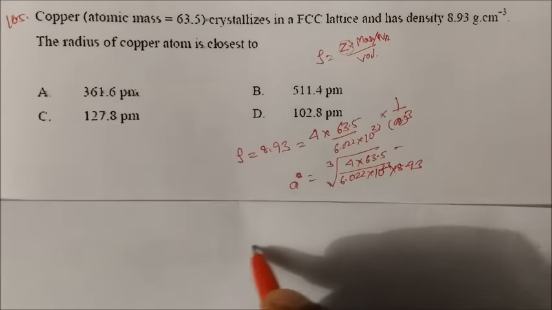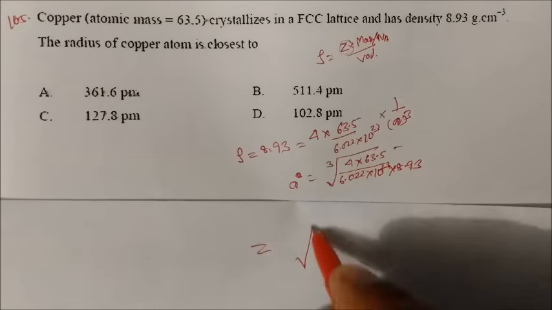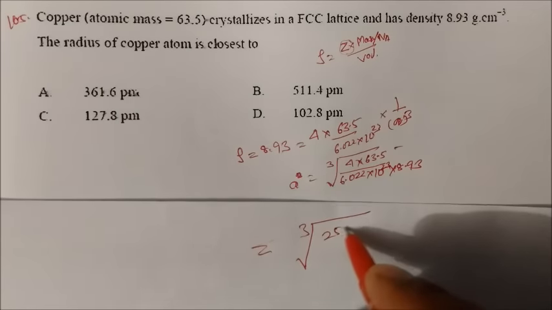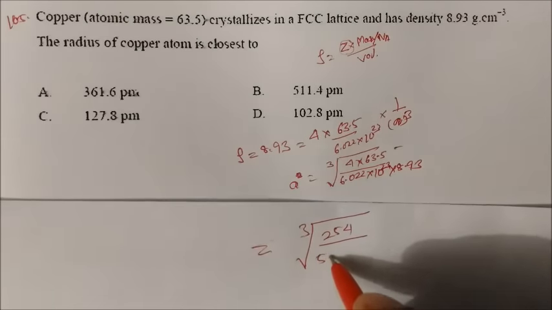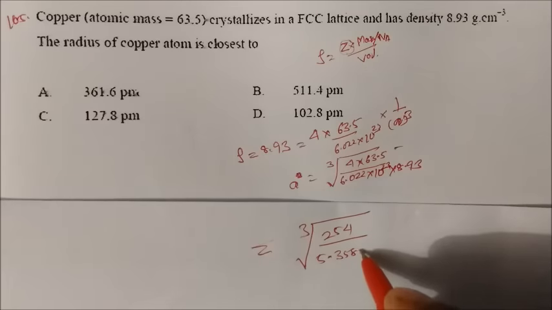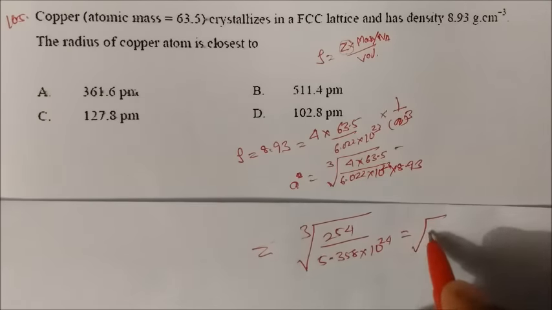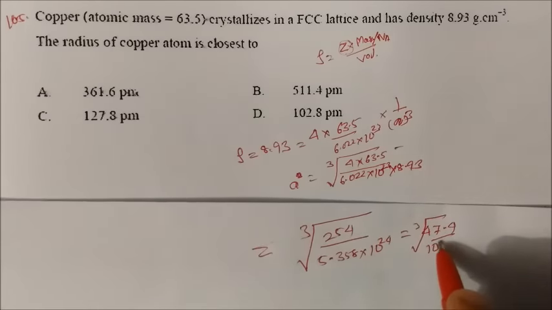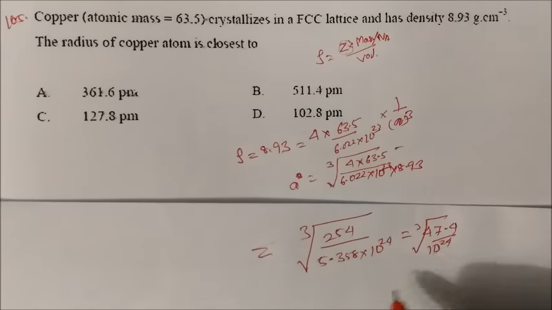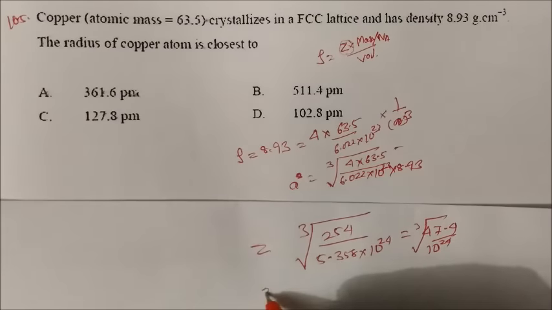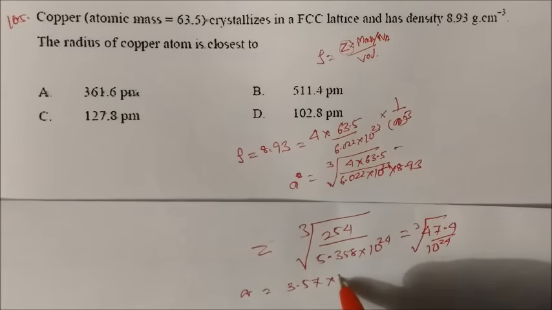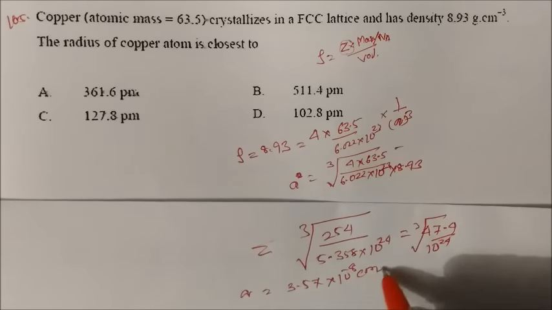On solving, you will get a cube equal to 254 divided by 5.358 into 10 to the power 24. Again if you solve it, you get cube root of 47.4 divided by 10 to the power 24, meaning we can take out 8. So a is 3.57 into 10 to the power minus 8 centimeter.